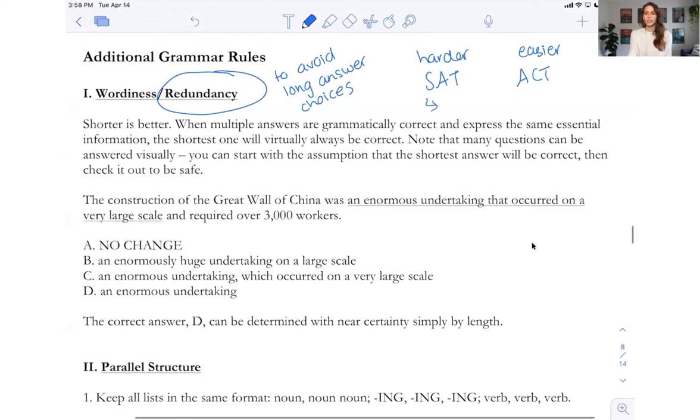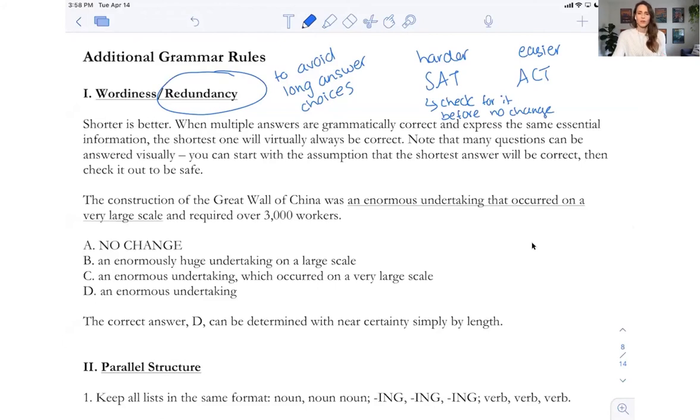So I'm going to check for redundancy before I say no change. Because a lot of the time it's not that obvious. I think in the questions that we're going to look at today, it's pretty obvious, or you can tell that this is a redundancy issue. But I've seen on a lot of SATs that they really separate the information that's redundant.